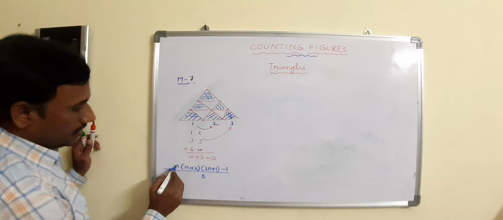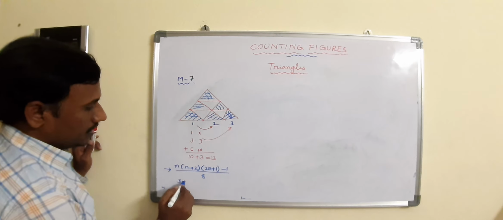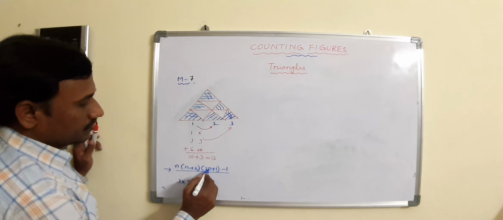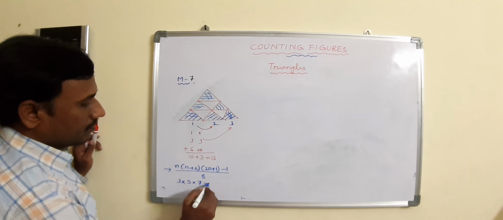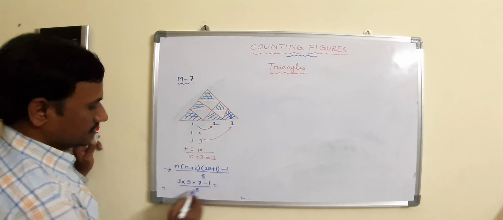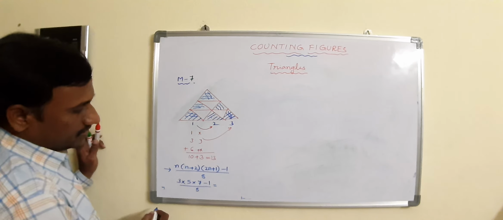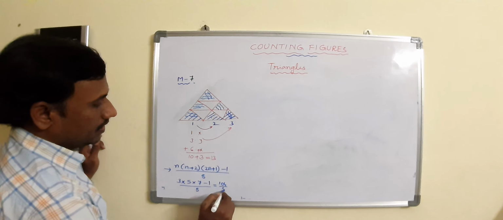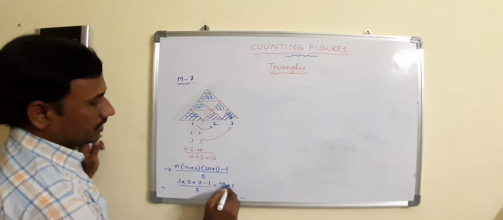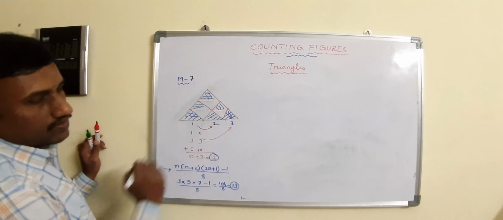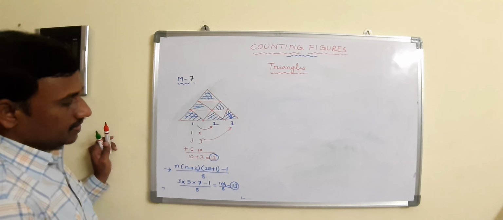Substituting n as 3: 3 into 3 plus 2, which is 5, into 2 times 3 is 6 plus 1, 7, minus 1, by 8. 15 times 7 is 105, minus 1 is 104, by 8. 8 times 13 is 104, so we got 13. Yes, this is without the formula, and this is with the formula.